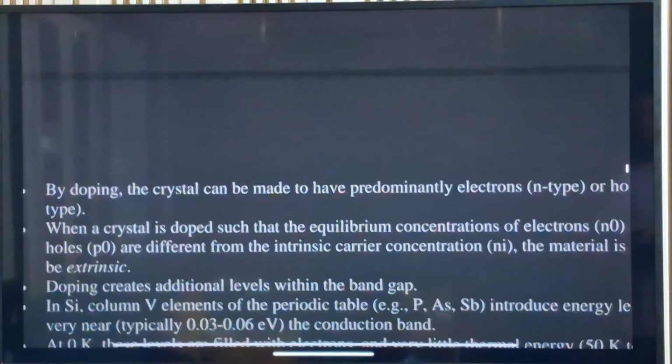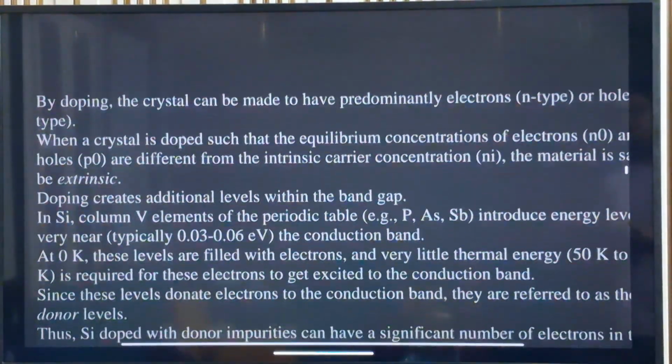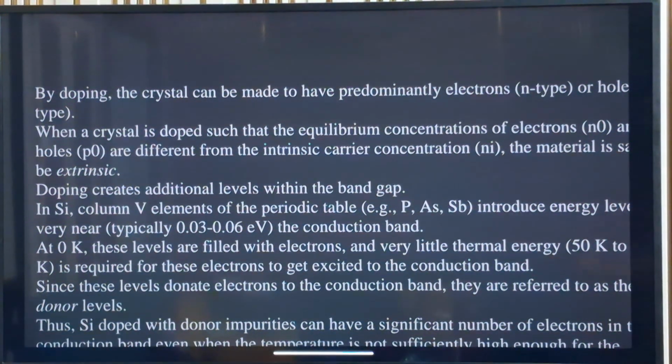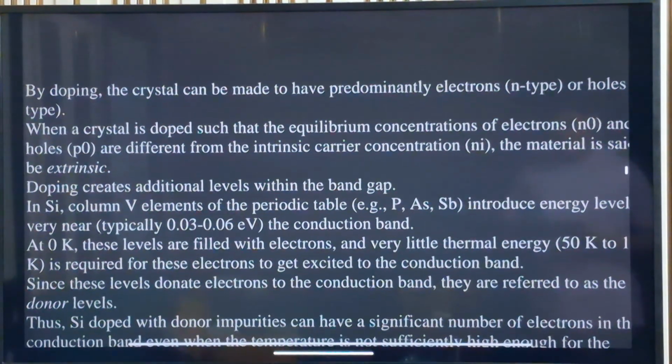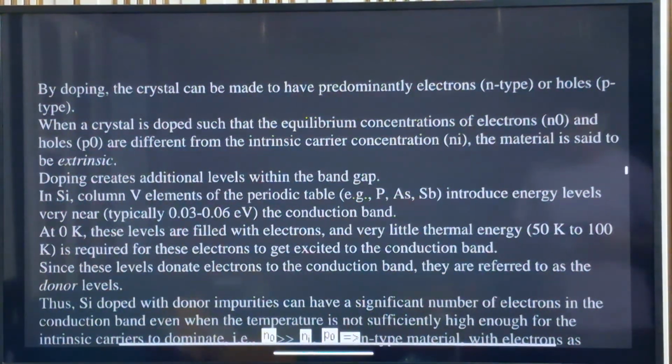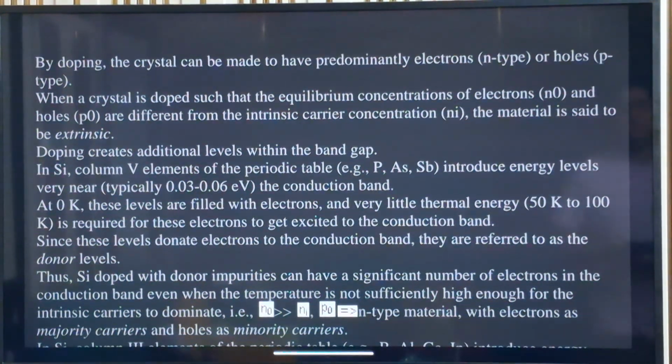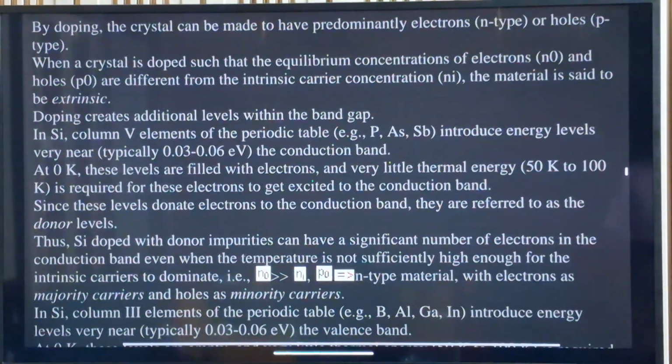Generally we are aware that a semiconductor's resistivity or conductivity can be changed by changing the temperature. I hope you're aware that conductivity is the inverse of resistivity. But we can also change that by using impurities which we can add to the semiconductor. The first thing is that by doping, the crystal can be made to have predominantly electrons or holes.